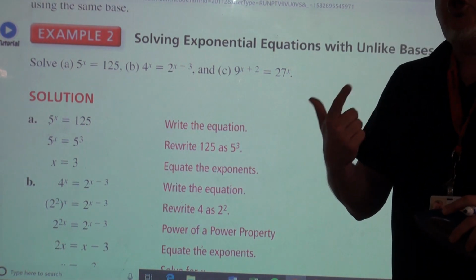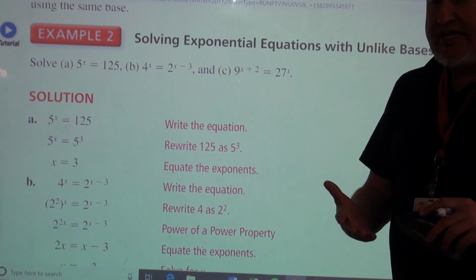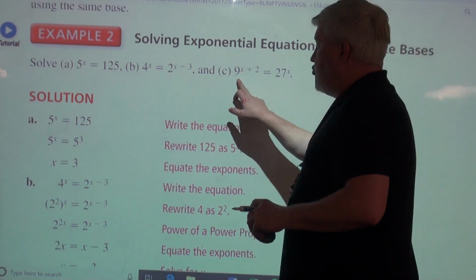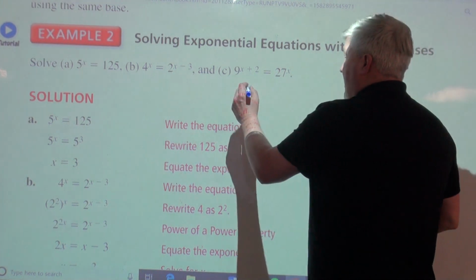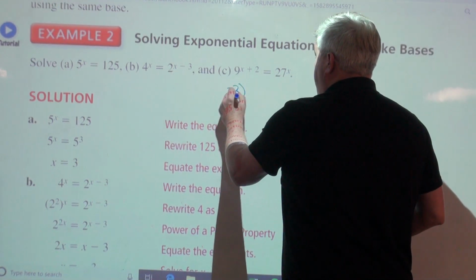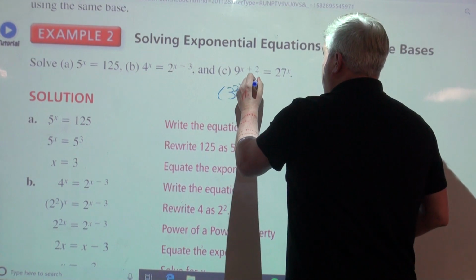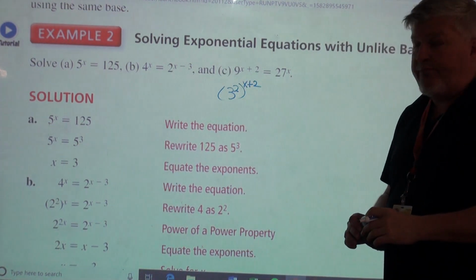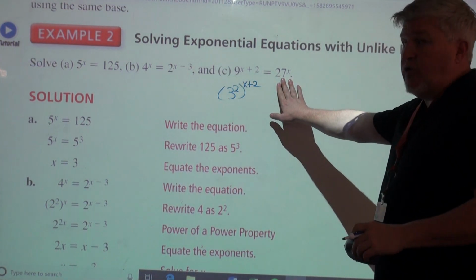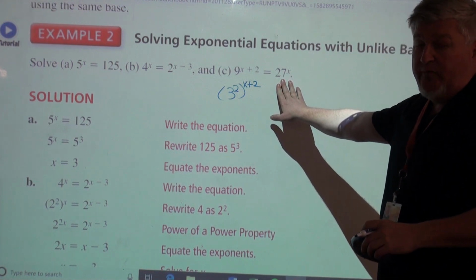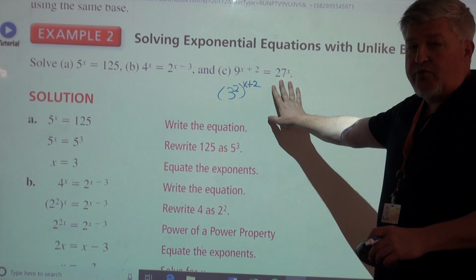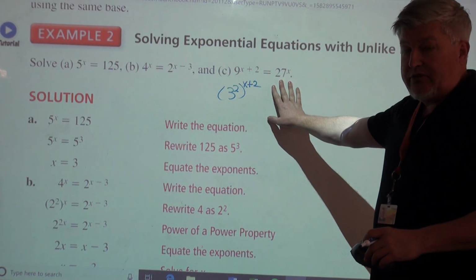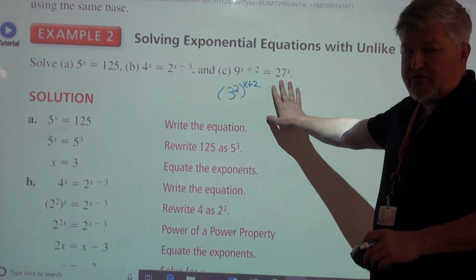These are examples. Look through them on your own. You'll see it. 9, you should all recognize, is the same as 3 squared. So I can rewrite this as 3 squared to the x plus 2. Hopefully most of you recognize 27 is 3 cubed. 3 times 3 is 9, times 3 is 27.